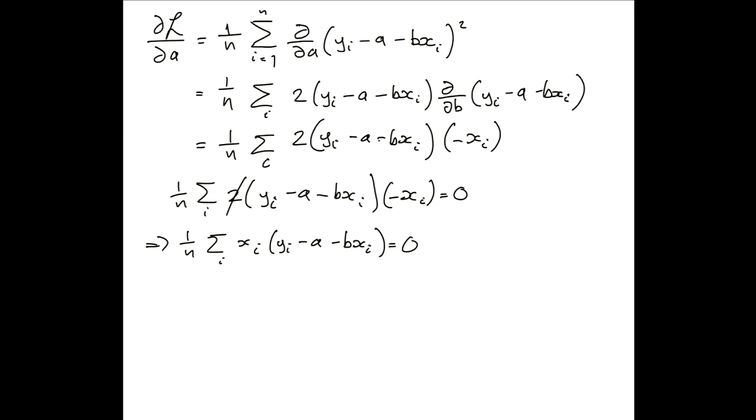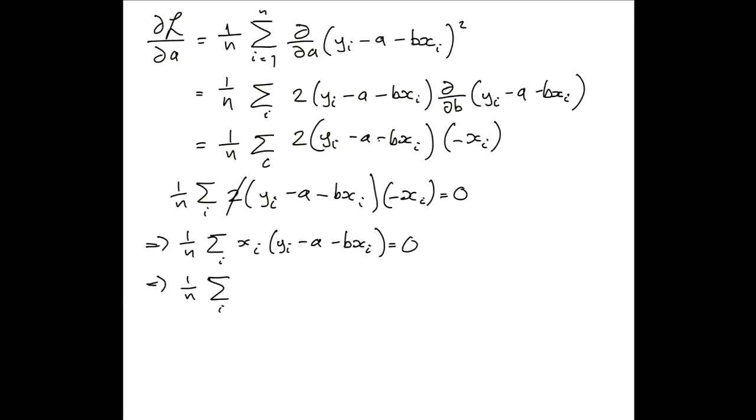Now we're heading in the same direction as we did for the previous derivation. What we did there was we tried to get an expression in terms of the means, because we want to get rid of the summation over all these things if possible. So we'll do essentially the same thing that we did before.